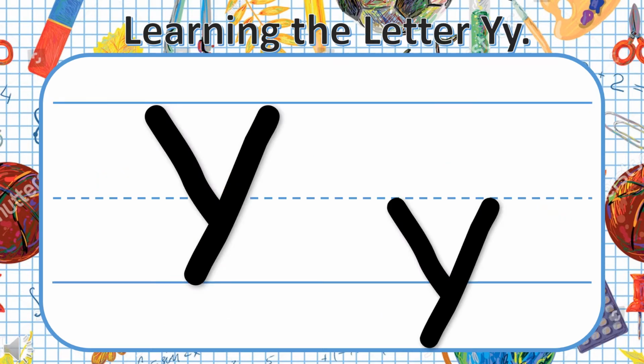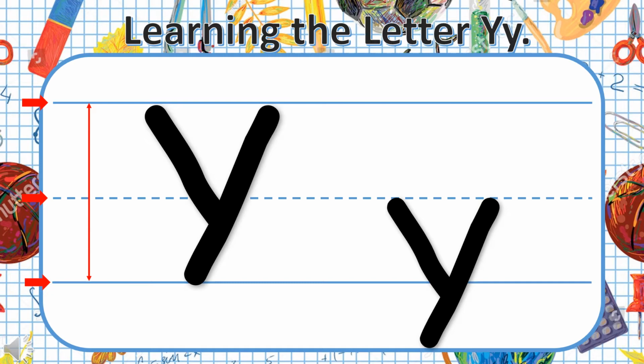Now let's learn how to write the letter Y. But first, teacher has already got the magic lines. Can you see them? We have the top line, the middle line, and the bottom line. You must also remember your uppercase letter, the capital letters, will always touch the top line and the bottom line.